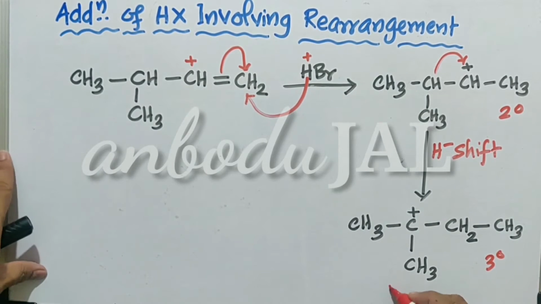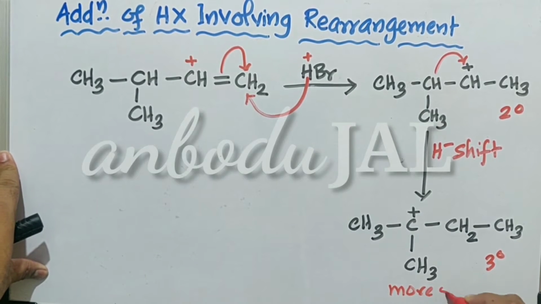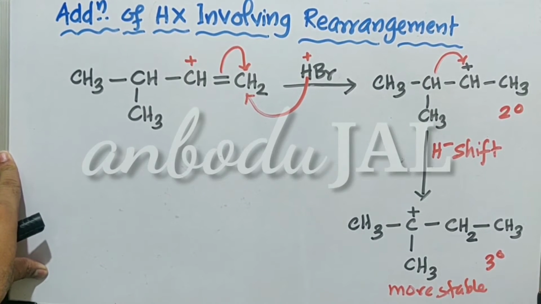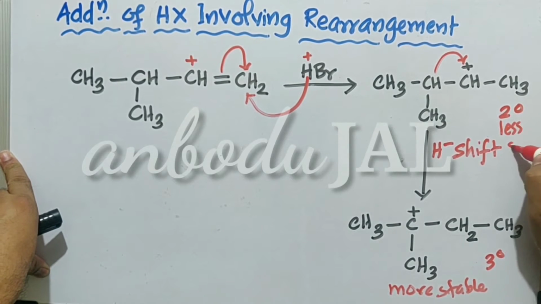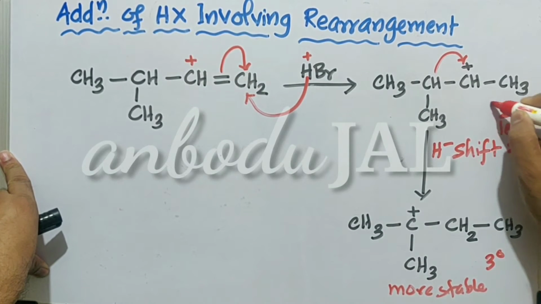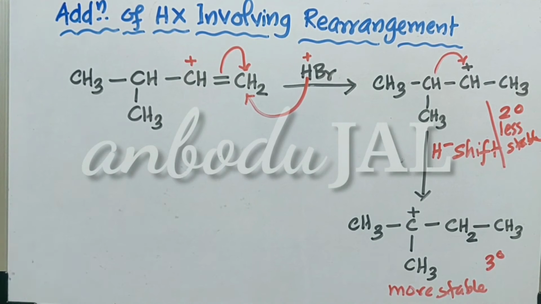Tertiary carbocation is more stable than secondary carbocation. Secondary carbocation is less stable as compared to tertiary carbocation. Okay, this is not a Markovnikov addition product.